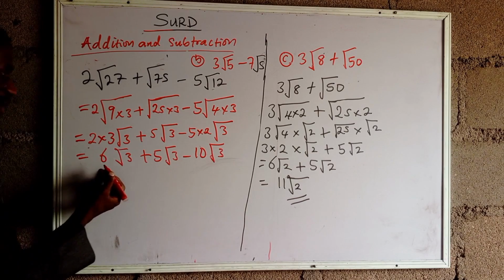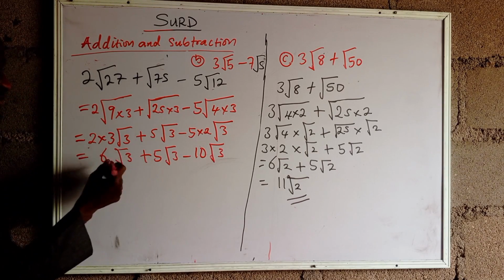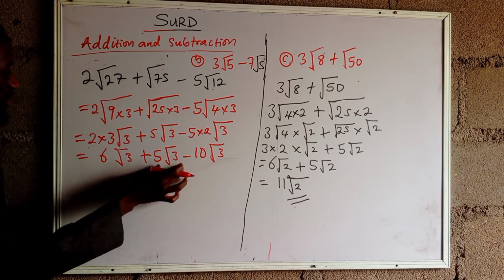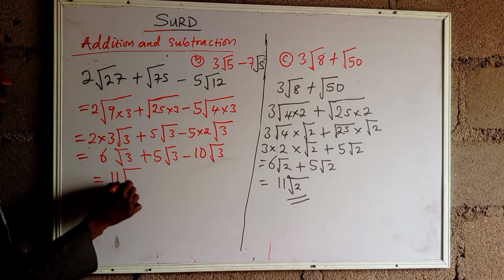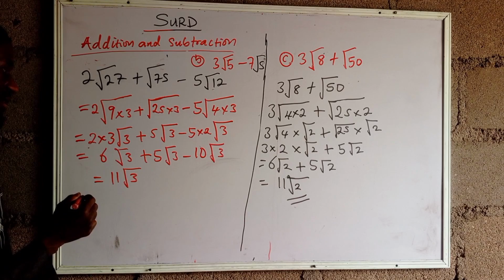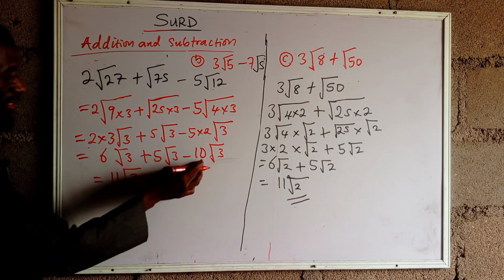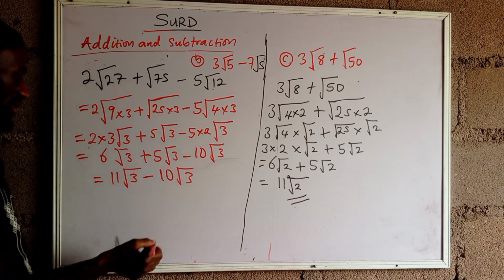Then the next thing to do, we are going to add and subtract. 6 bunch of root 3 plus 5 bunch of root 3, now we have 11 bunch of root 3. Okay, then we can say minus 10 bunch of root 3.